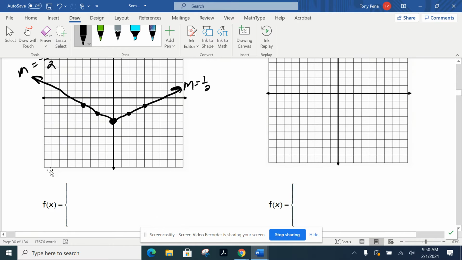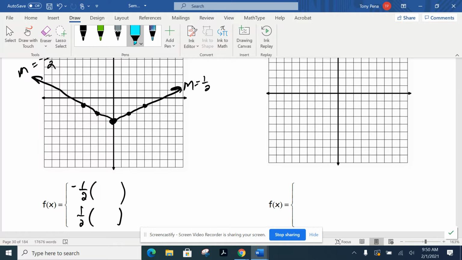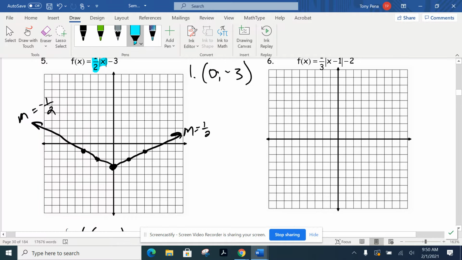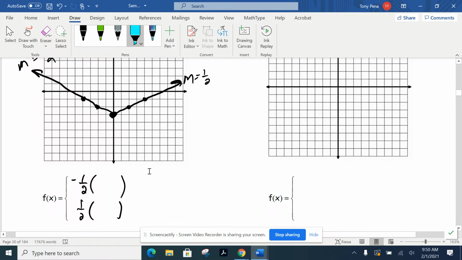So when we go to write our piecewise function, the left side has that slope, the right-hand side has this slope, negative 1/2, positive 1/2. If we then use the point 0, both of these would be x minus 0.